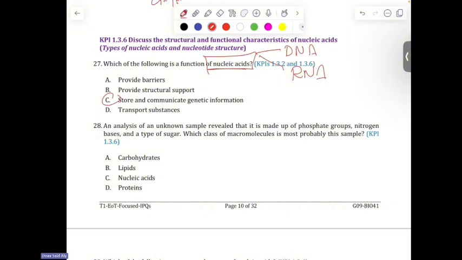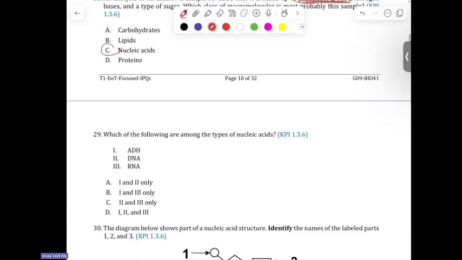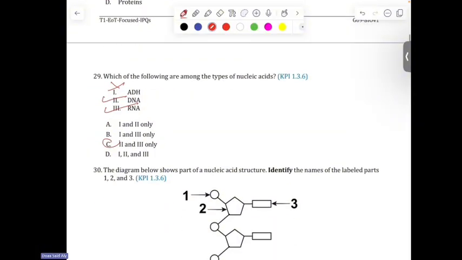There is an unknown sample, okay? It's made up of phosphate group. Again, as I mentioned, whenever you see phosphate group, they are asking about the nucleic acid. You have to match them together. Which of the following are among the types of the nucleic acid? ADH, we didn't take it. DNA, yes. RNA, yes. So the correct answer is letter C.